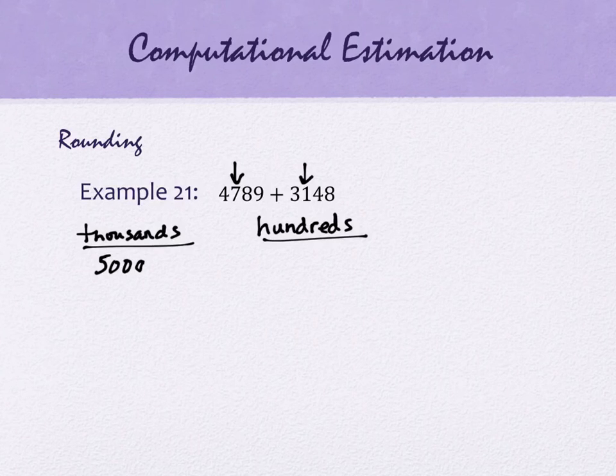The real reason is because 4789 is closer to 5,000 than 4,000. But if you're thinking more step-by-step, it's because the 7 is bigger than 5, and that's the next digit. If we do the same thing with the 3148, it's between 3,000 and 4,000. It's closer to 3,000. So this is approximately 8,000.